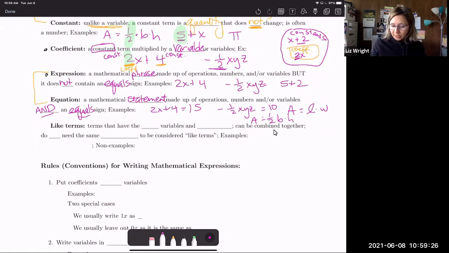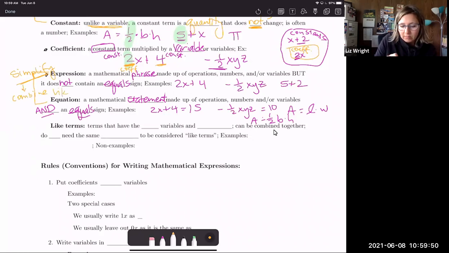Something else that you're going to see as differences is in terms of their directions. For expressions, we usually say simplify the expression. And simplify means combine like terms, which is what we're getting ready to talk about down here.